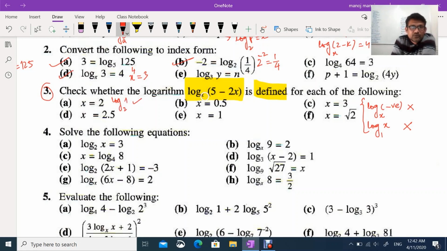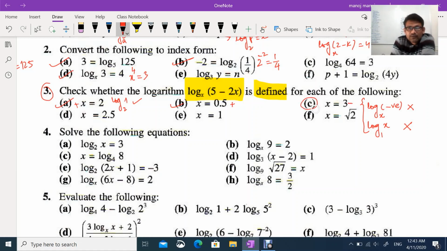When I put 0.5, the result is coming positive, there is no problem. When I substitute 3 times 2 is 6, 6 minus 1. This result is negative. So it means this C is undefined or not defined.